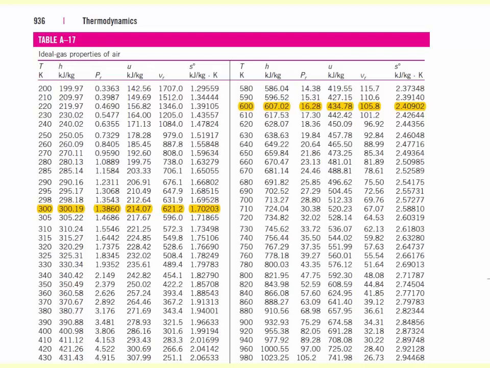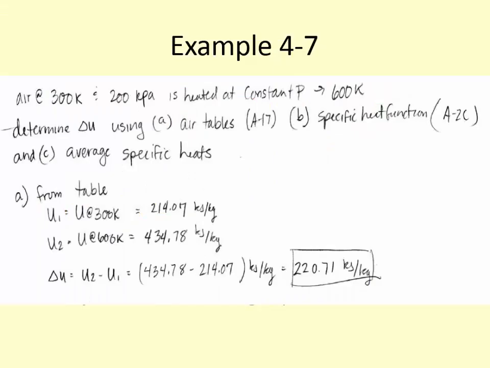So what is our change in internal energy? What is our U at 300 Kelvin? Okay, 214.07, and what are the units on that? Okay. And what is U at 600 Kelvin? Again, kilojoules per kilogram.